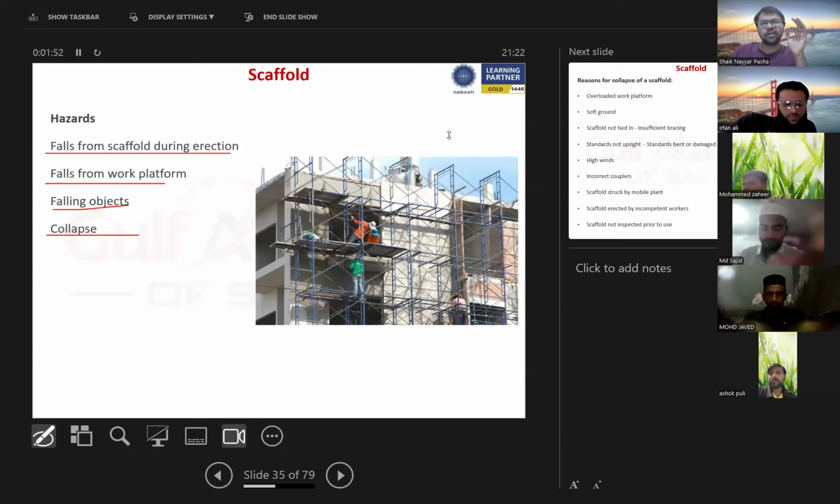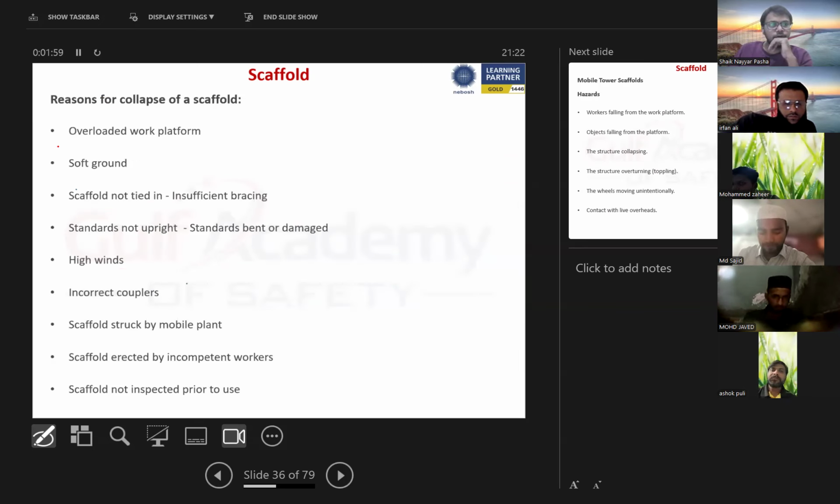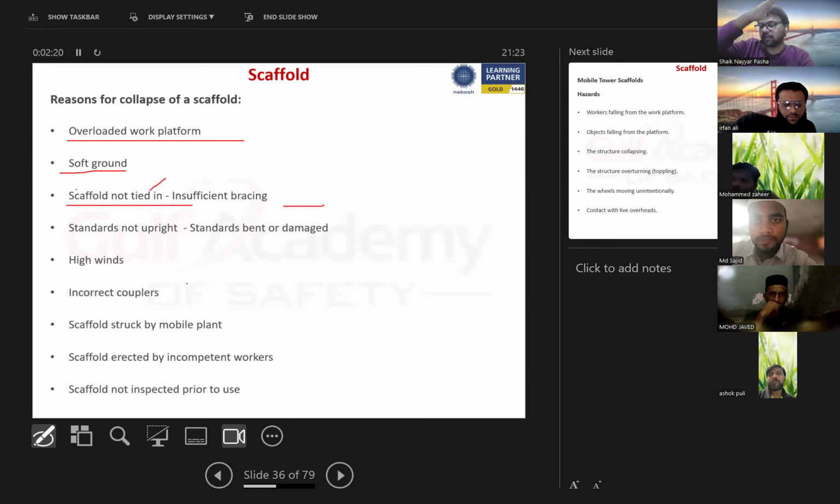Let us recap. Overloaded work platform: you're overloading material stored, a number of people are working, it is extremely overloaded. Then the scaffolding could collapse. Or erected on soft ground, loose ground, or uneven floor surface. Mainly the tying in and coupling not done properly, or insufficient bracing. The diagonals are there, they are not properly tied in.